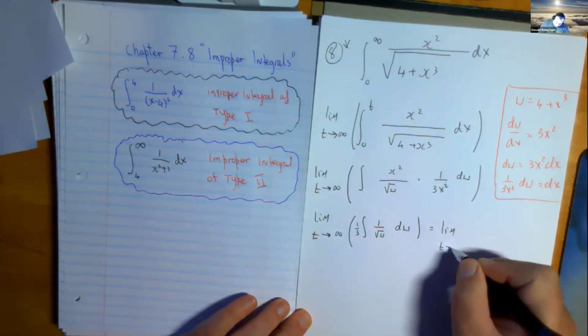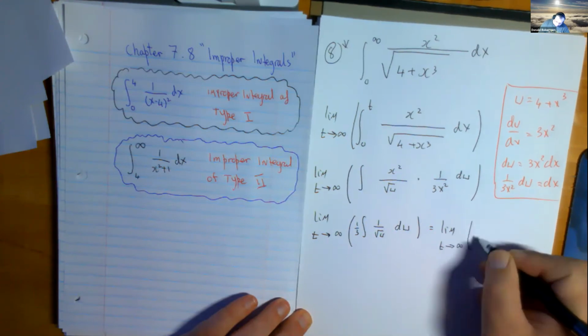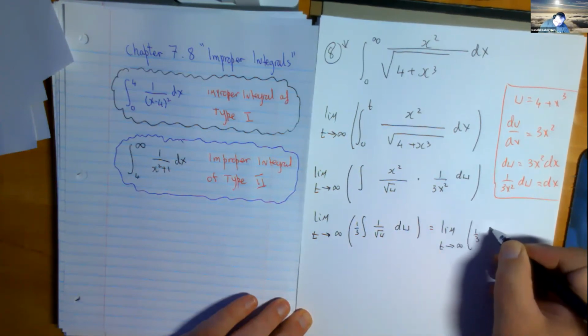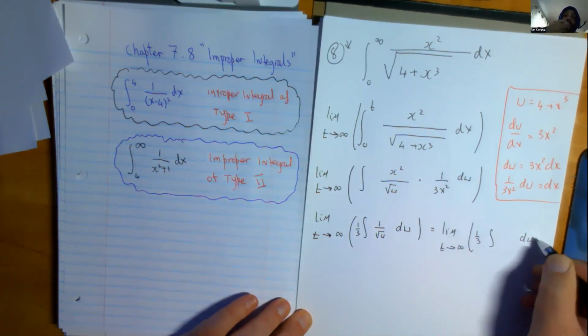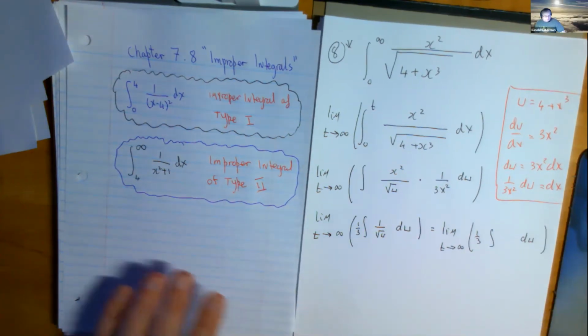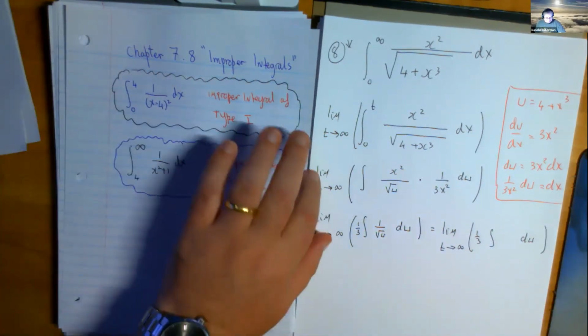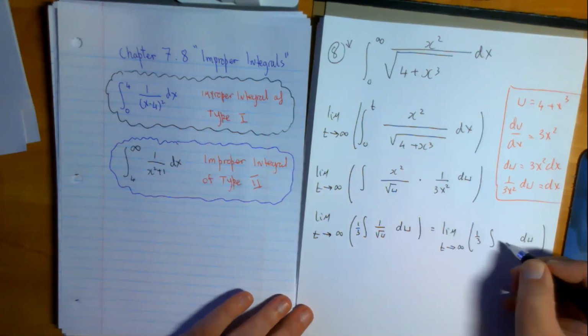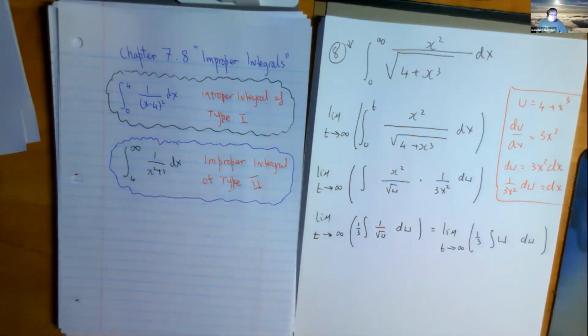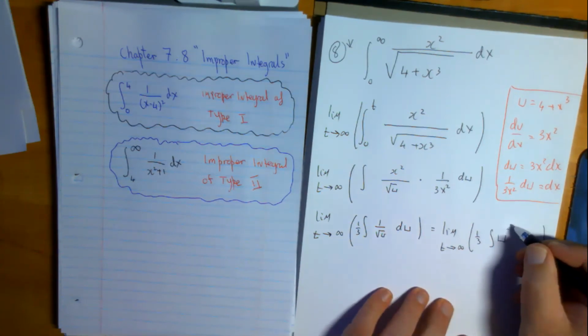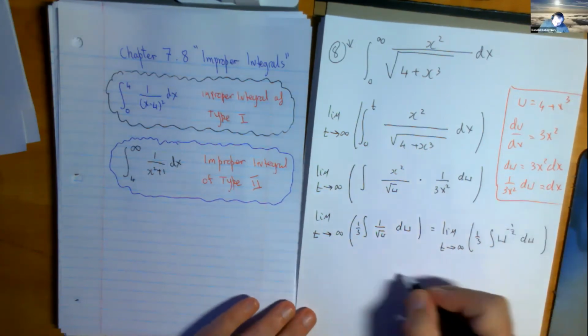How am I going to find its antiderivative? Power rule? Eventually, but what am I going to have to do before I can use it? Turn it into exponential. Right, and what fractional power is 1 over the square root of u going to become? -1/2. Agreed. So now I can do the power rule.